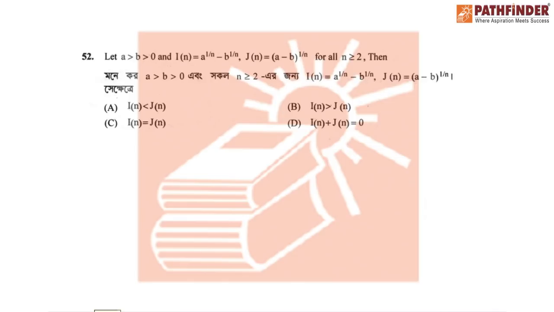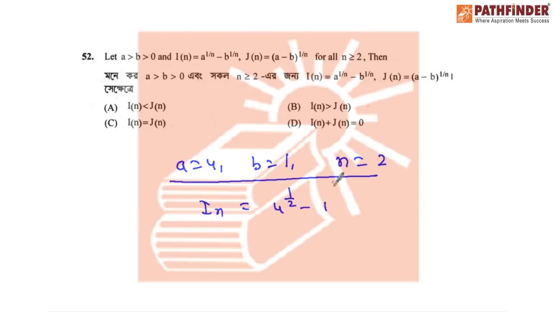Next is A is more than B. In is defined in this way, Jn is defined for all n more than or equal to 2. So let's assume A equal to 4, B equal to 1, n equal to 2. We can take this value which satisfies all the cases. Then we will get In equal to 4 to the power 1 by 2 minus 1 to the power 1 by 2 is equal to 1, and Jn is equal to 4 minus 1 to the power 1 by 2, which is root 3.